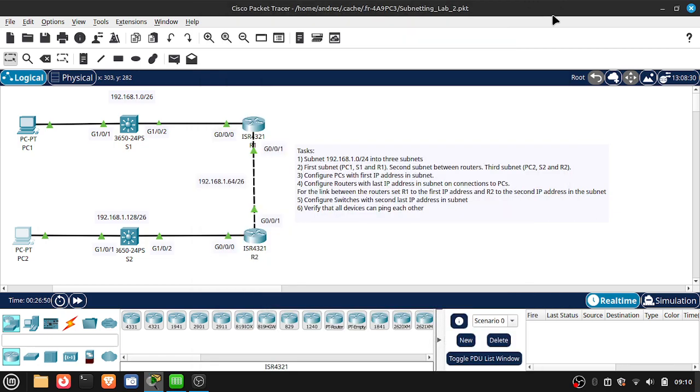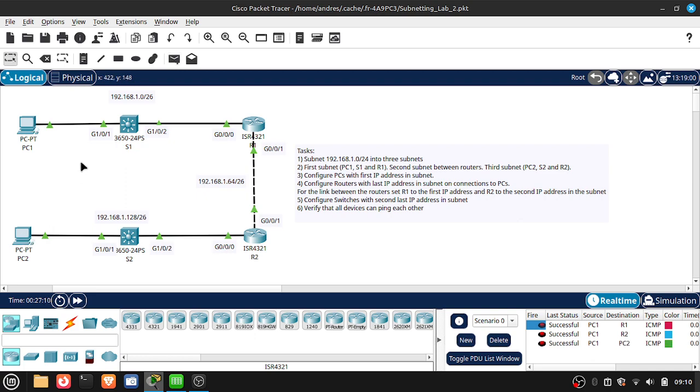Okay, and now we're going to test connectivity using these simple PDUs. Here successful, here successful, PC1 and PC2 successful.